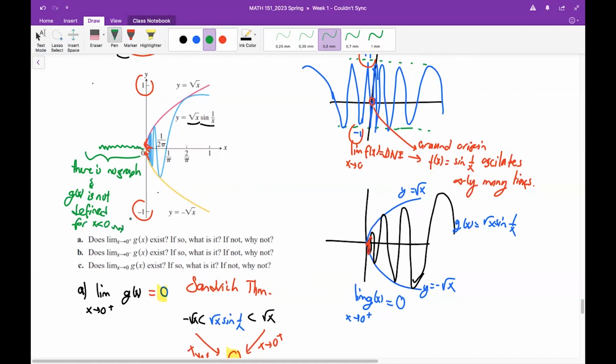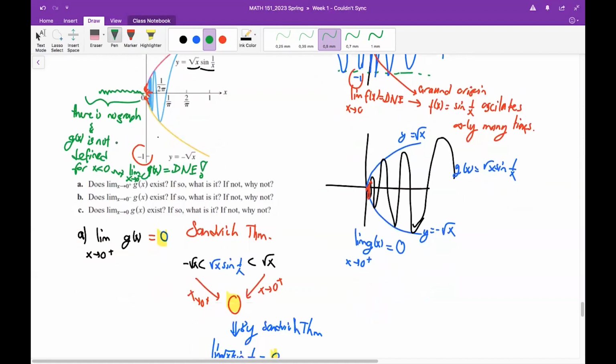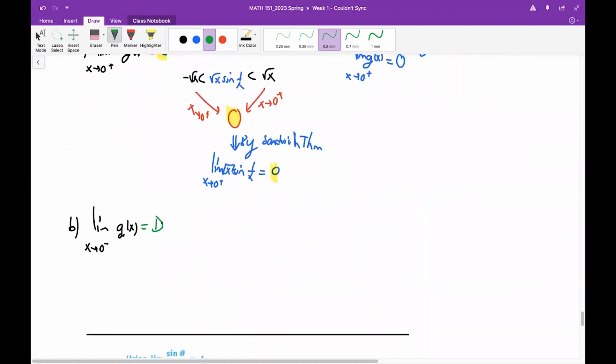So if you want to search for the limit as x goes to 0 from the left, you will directly conclude that it does not exist, because there is not even a function there. So this does not exist, as g of x is not defined for x less than 0. So you cannot talk about the limit.